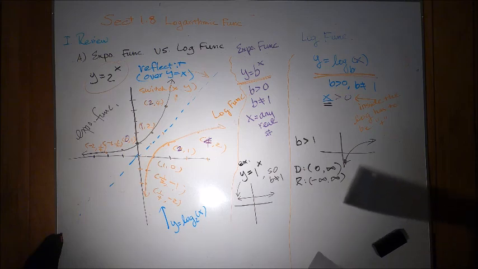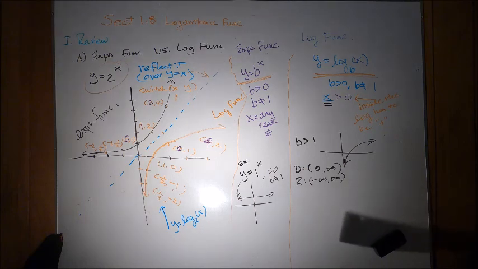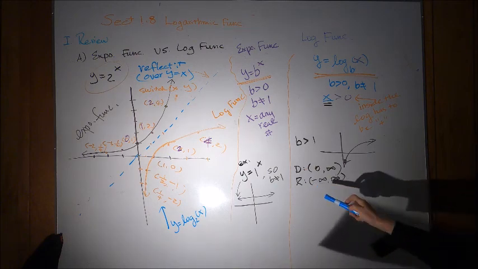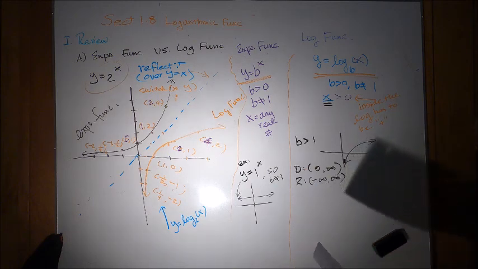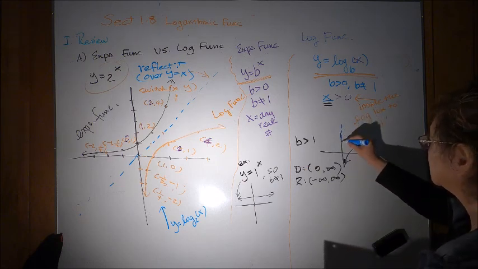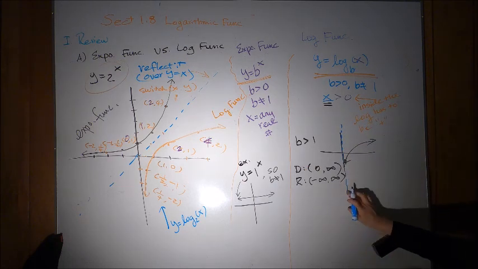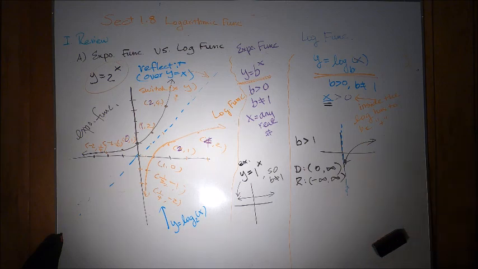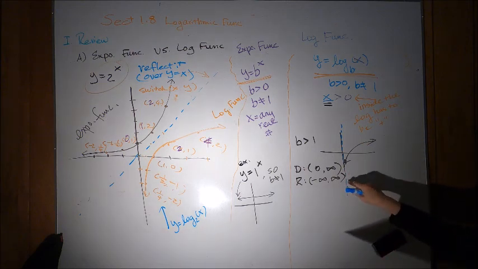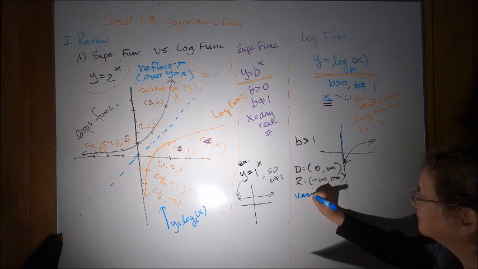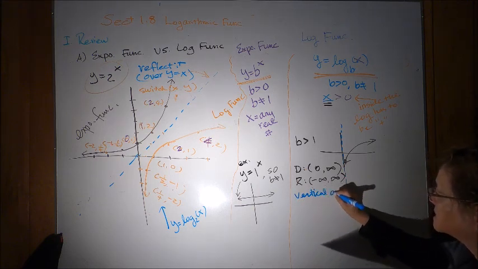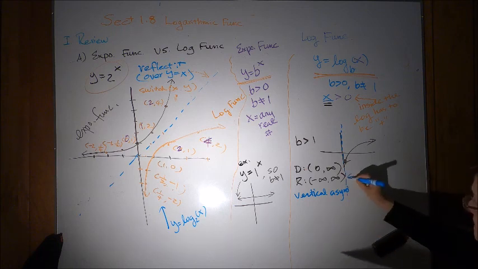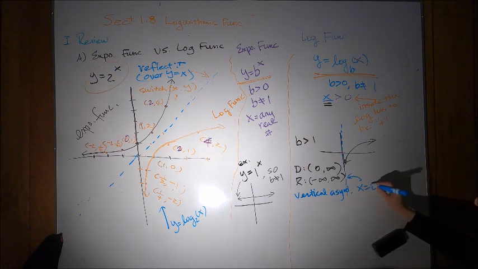And it has a certain property. Okay, so for this graph, it is limited by this vertical line. This line we call the vertical asymptote, right? To describe this line, we use x equals 0.